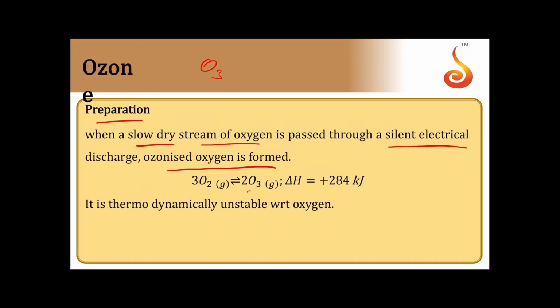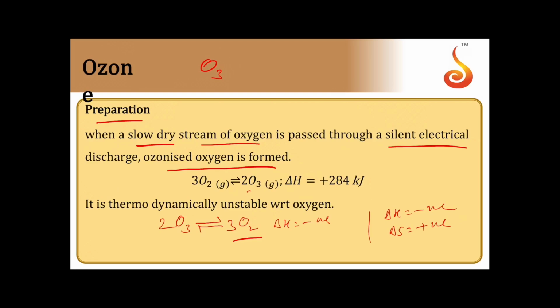Thermodynamically, O3 is not stable with respect to oxygen. The reason is that whenever O3 decomposes to O2, 2 O3 giving 3 O2, it is exothermic in nature. So delta H is negative, and delta S value will be positive for this process.